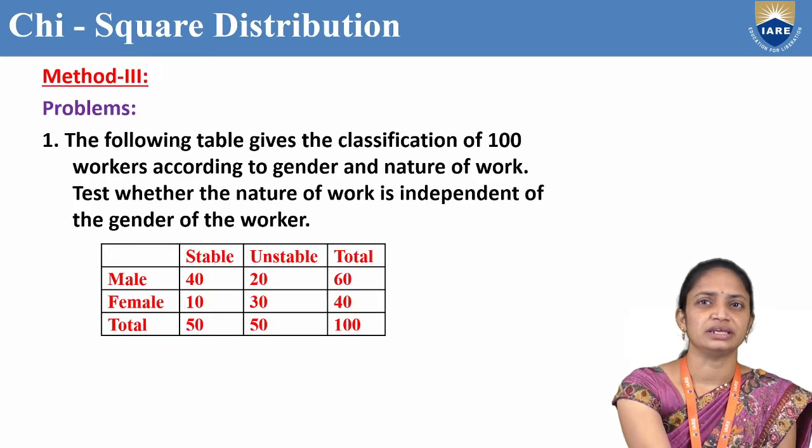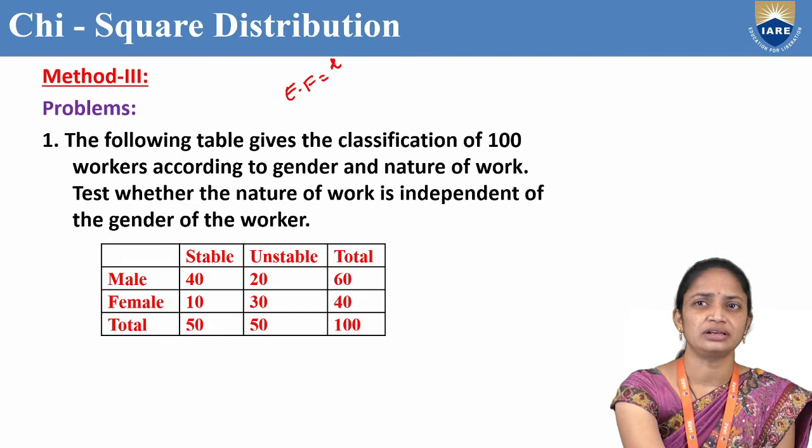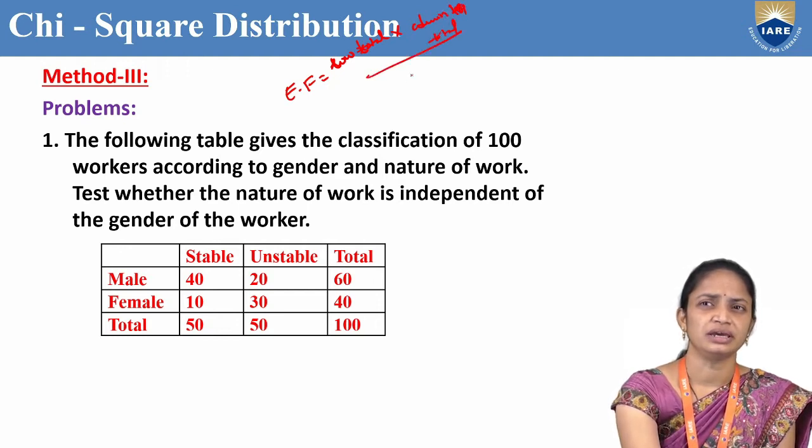So in method 3, we have to find the expected frequency by using row total into column total divided by grand total.